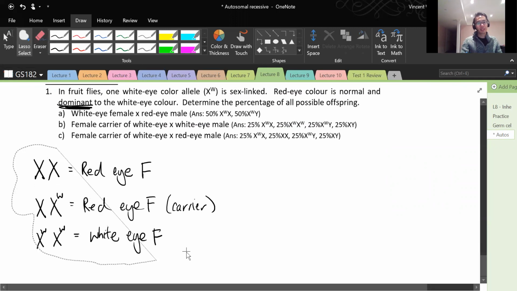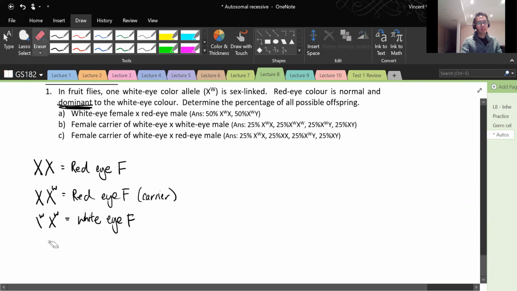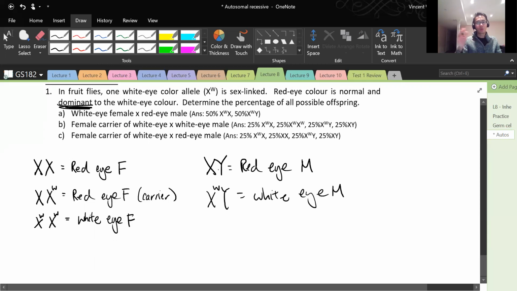How should I write it for the red eye male? Yeah, red eye male is XY. Red eye male. And white eye male will be like this. Okay. There's no carrier for male. They only have one X. So if they have the white eye X, they are going to be white eyed.